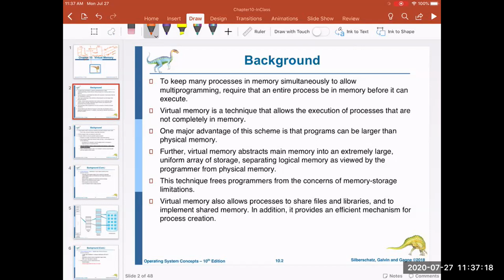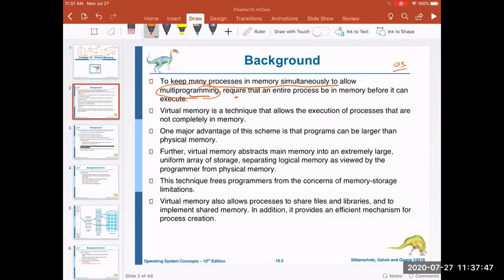Now, the main concept is that we want to take many processes simultaneously into the RAM, so as to have better multi-programming. An operating system's functionality is to take as many programs into RAM as possible, so that we have higher multi-programming. It provides us a more multi-programming environment.